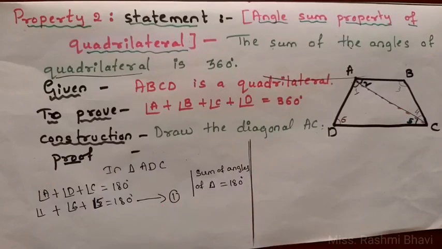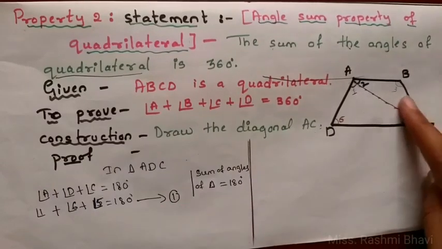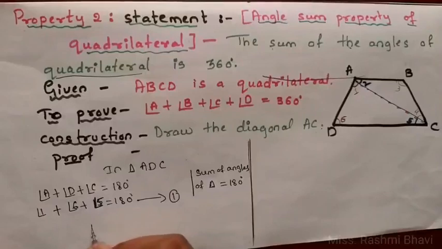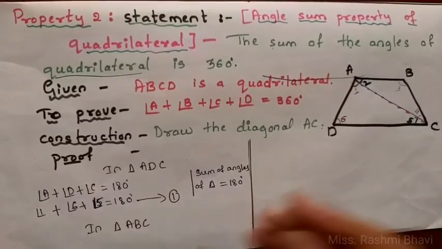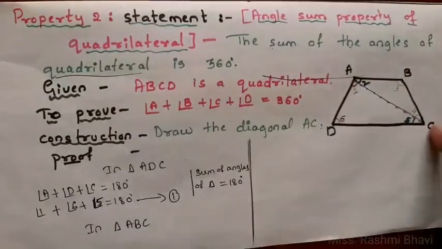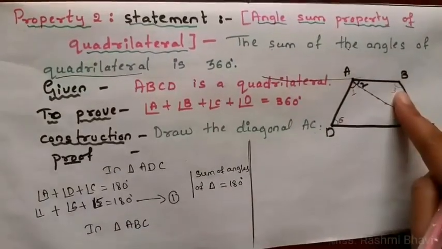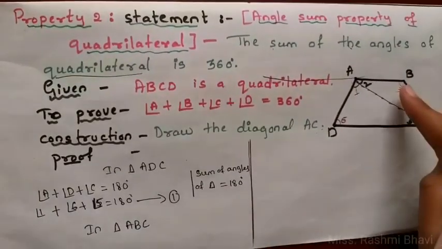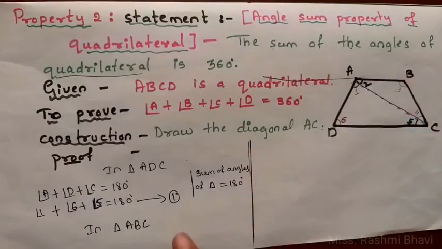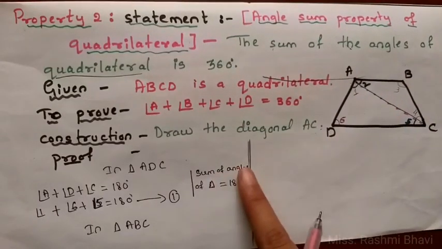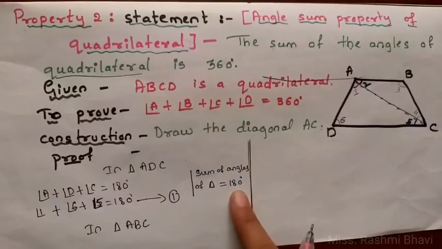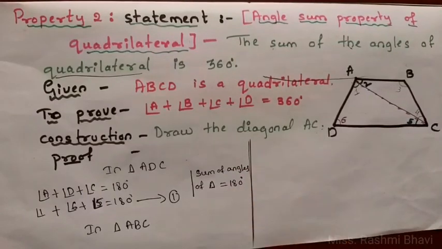Next we have one more triangle, ABC. The second triangle name is ABC. This is the second triangle. In triangle ABC, again we have to use the condition: the sum of the angles of a triangle is how much here? 180 degrees. So how to write here?